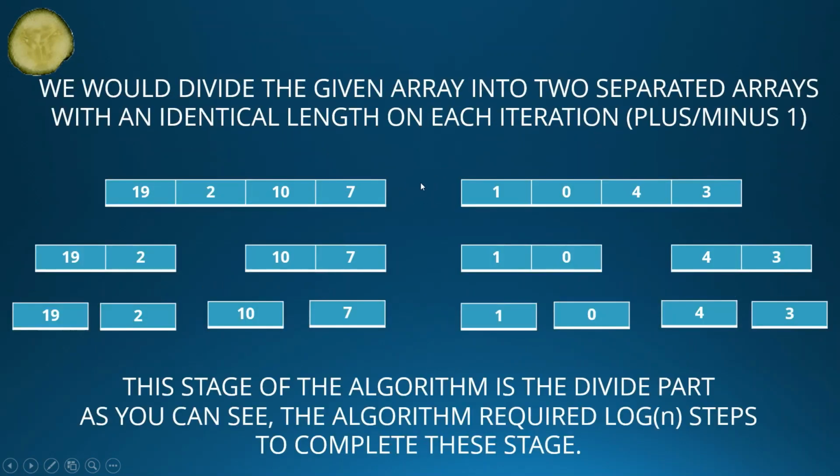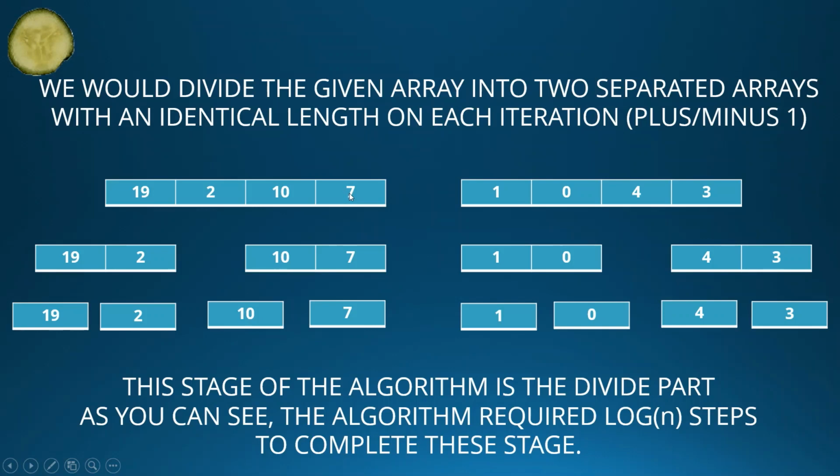We would divide the given array into two separate arrays of identical length on each iteration, plus or minus 1. That is because it is possible that n is an odd number, and therefore we wouldn't be able to divide the array into two separate arrays of identical length.